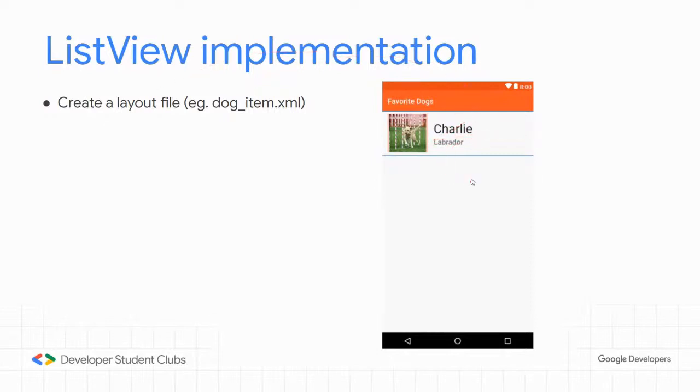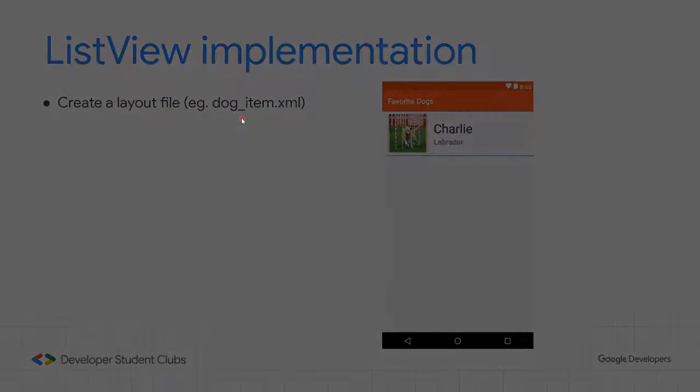So what you do is create a custom layout file for each dog item, and we can name this dog_item.xml. Again, the format is the same, XML. We use the same language. So we create one separate file for this, and then we can create multiple instances of it, depending on how many dogs there are. That's why we're creating a separate file.